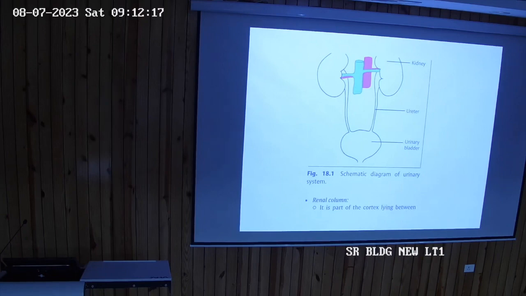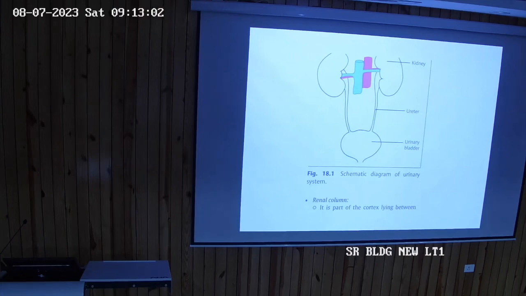Through the hilum of the kidney, the structure entering is the renal artery, and the structures coming out from the hilum are the renal vein and the ureter. I told you two things: the structure entering the kidney through the hilum, which is the renal artery, and the structures coming out through the hilum, which are the renal vein and the ureter.